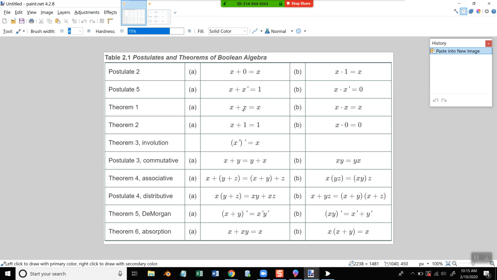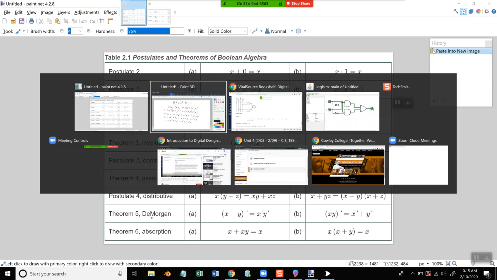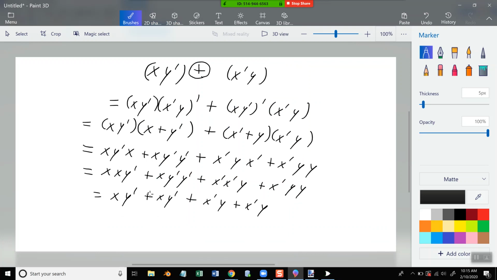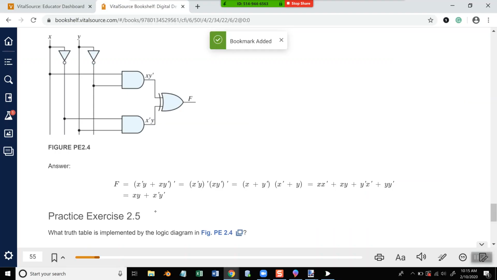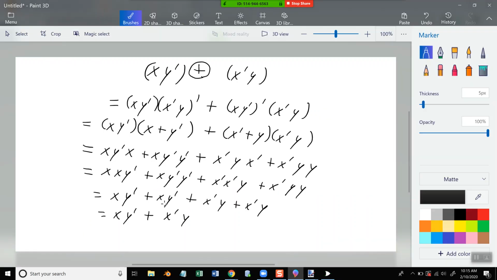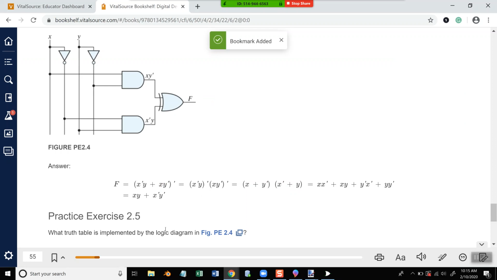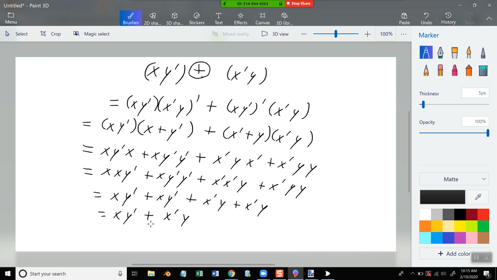Theorem 1a says x plus x is equal to x, which means since this is the same as this, with a plus or an or between them, that just gives me one of them. And same thing here. I don't get the same thing as them though. It's not real comforting.